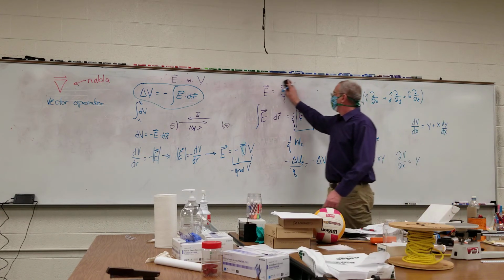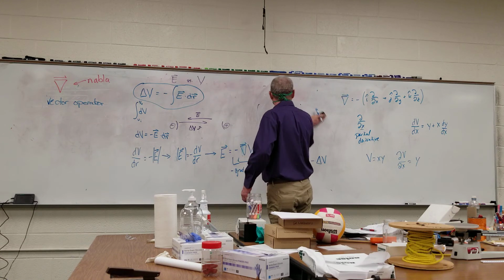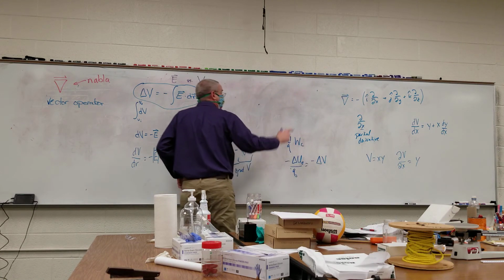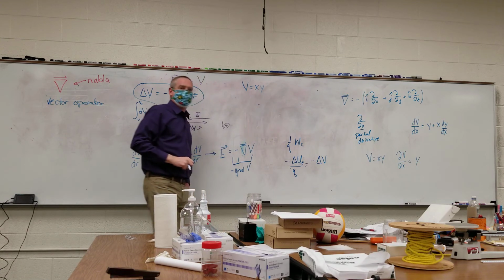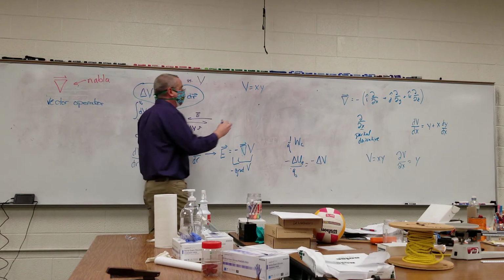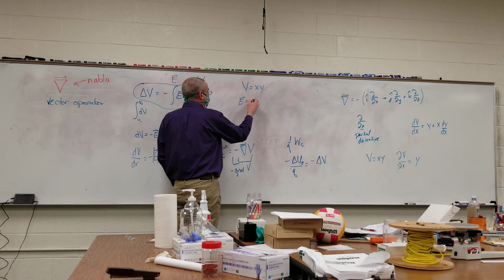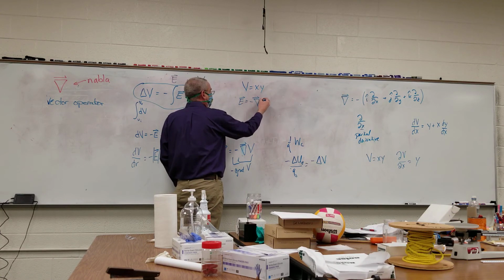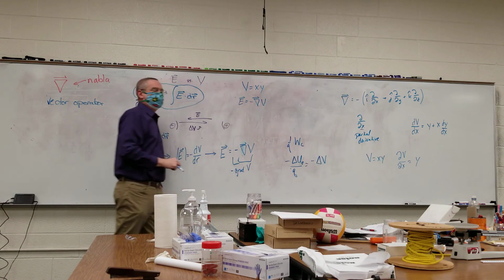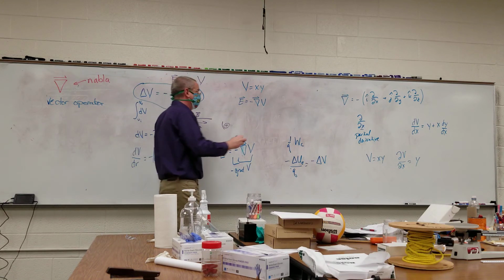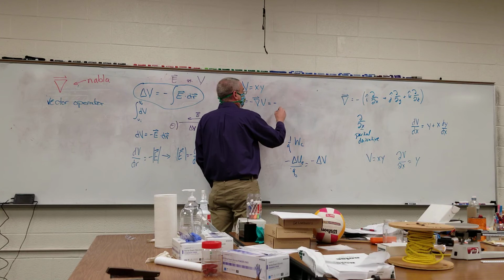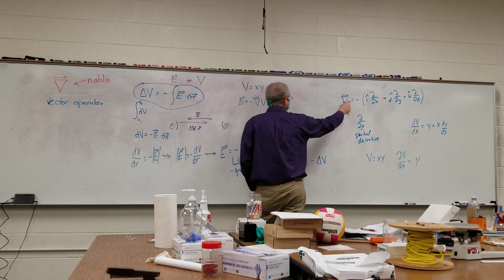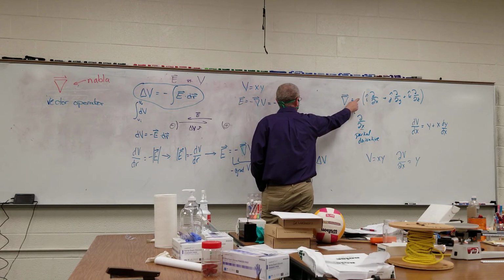Where do I have some room? So, if my electric potential is defined by the following function, xy, my electric field is the negative nabla of V, or probably better worded, the negative gradient of V. And so it is negative, oops, that negative should not be there.